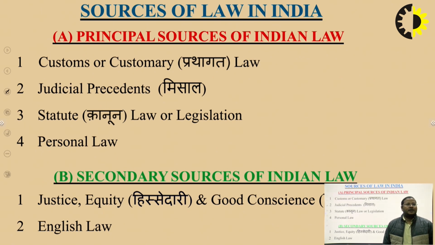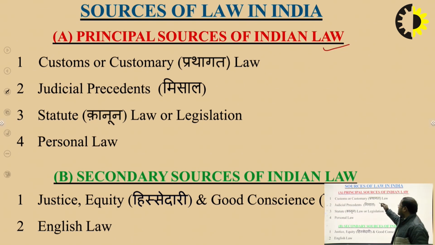Now, sources of law in India. They are divided into two categories: principal sources of Indian law and secondary sources of Indian law. In case of principal sources of Indian law, there are four subcategories.